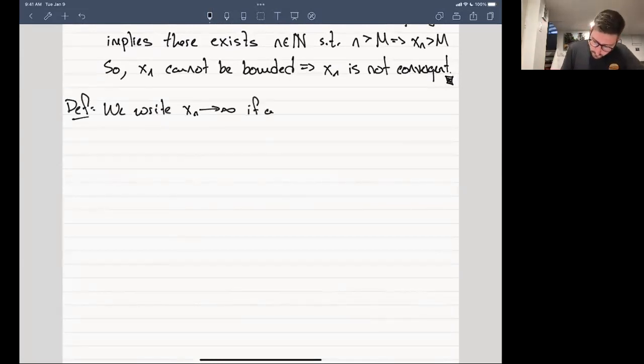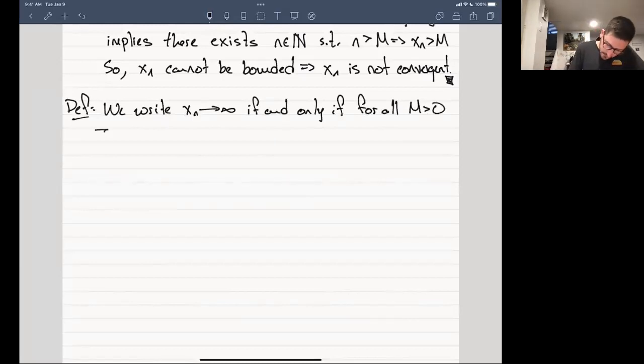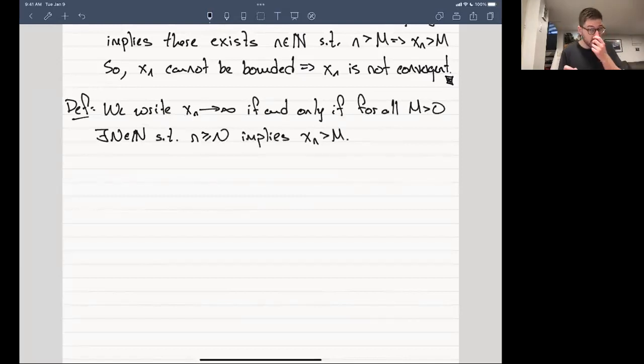If and only if, so this is just notation, this is shorthand for saying the following: for all M greater than 0, there exists a capital N such that if you look beyond that capital N, this implies x_n is bigger than M. Notice there is no absolute value here, right? You have to be going rightward when you're doing this.